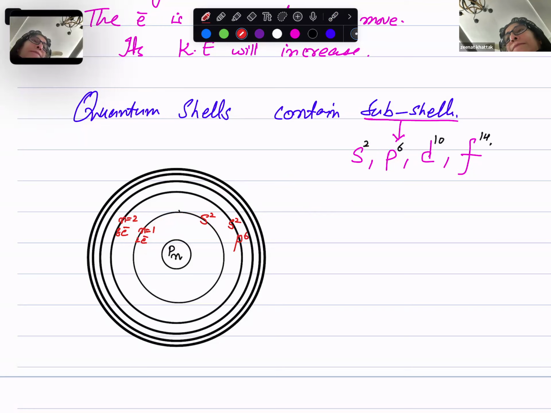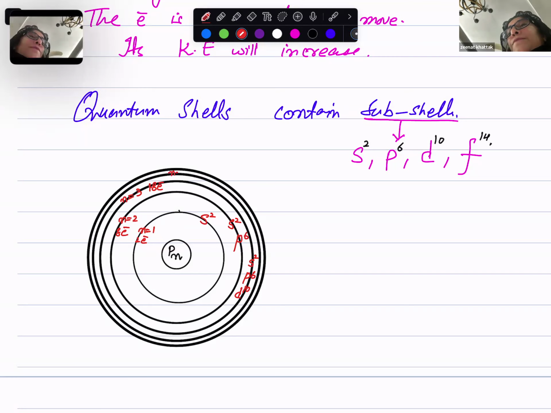What about d? Where does it come in? What is the capacity of the third shell? 2 electrons will be in s and 6 electrons are in p and 10 electrons are in d. That is 18.